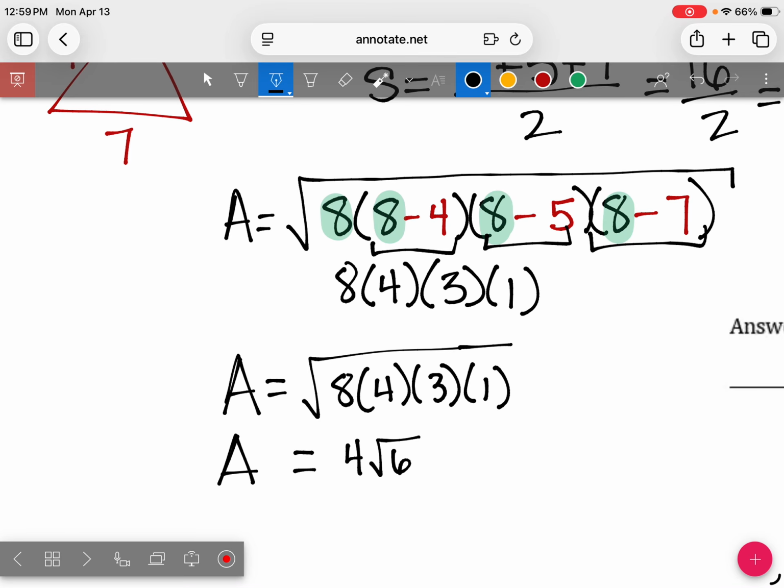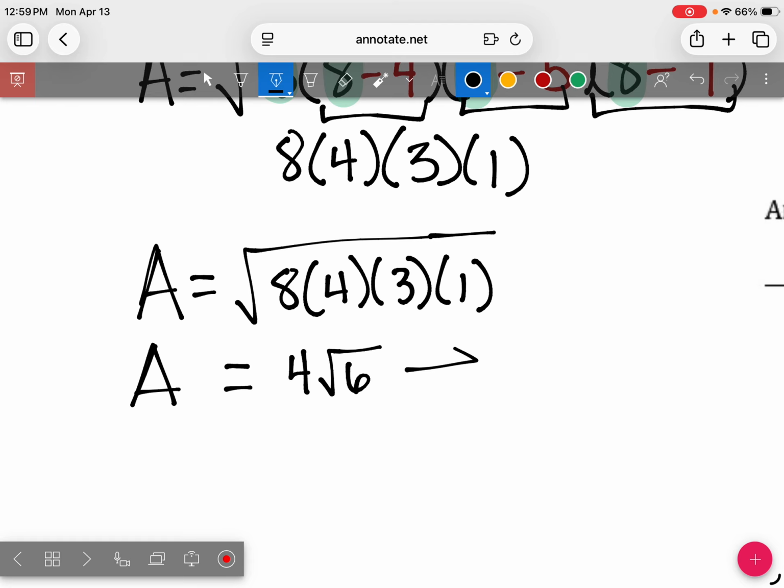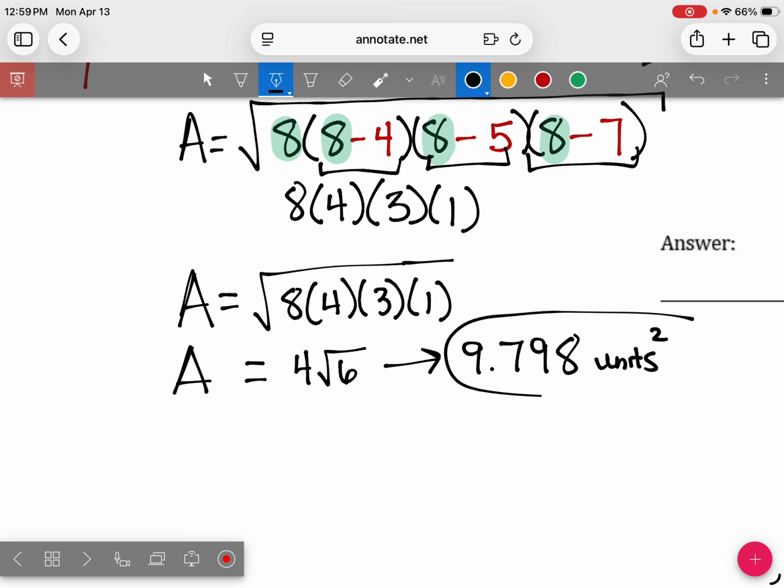So if you hit that button, it should change it to 9.798. And because I don't know the units, I'm just going to say units squared. Because I don't know if it's inches, feet, miles, centimeters. All right, go ahead and do example 2 by yourself.